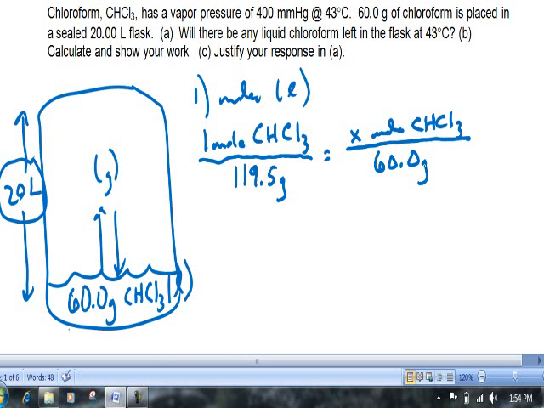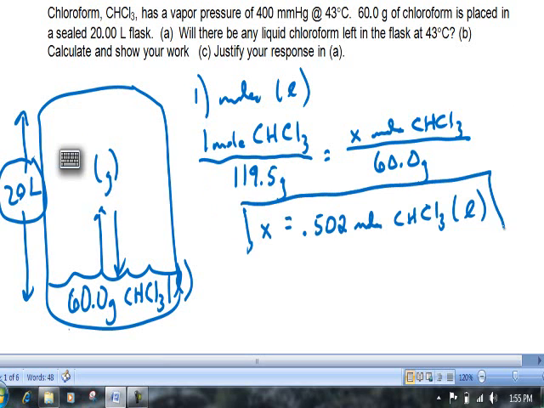Our first step, to find moles of liquid chloroform provided, we can use a proportion. We know that 1 mole of chloroform, CHCl3, has a mass of 119.5 grams, which would mean then that X moles of CHCl3 will be present in a sample that's 60 grams in size. Solving for X, we find that we have 0.502 moles of liquid chloroform present in our flask.